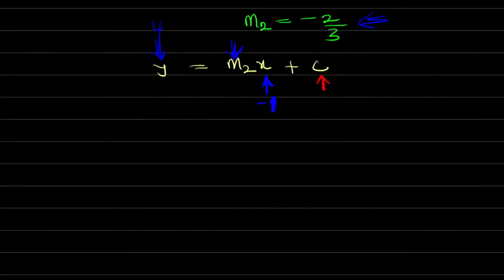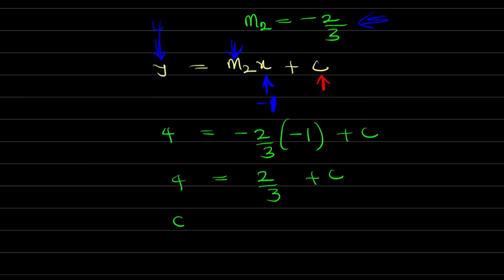So this becomes 4 is equal to negative 2 over 3 into x is minus 1, then plus c. So this is 4 is equal to minus times minus is plus, you have 2 over 3 plus c, or c is equal to 4 minus 2 over 3.